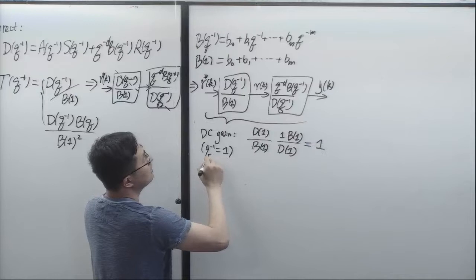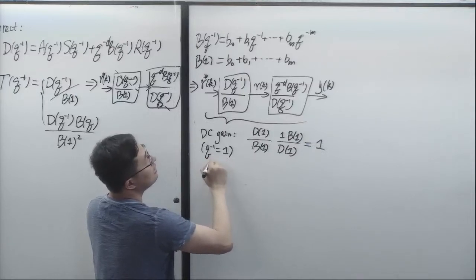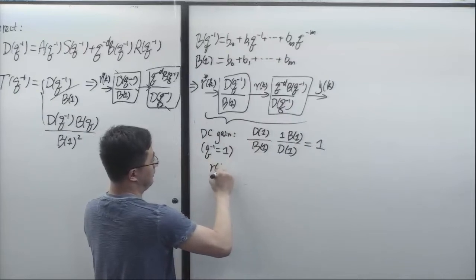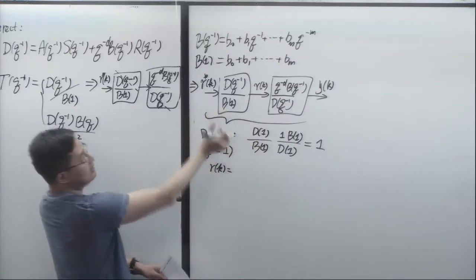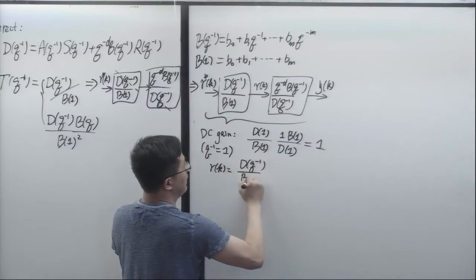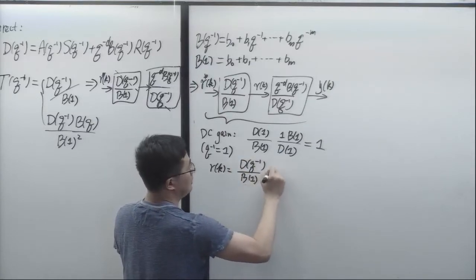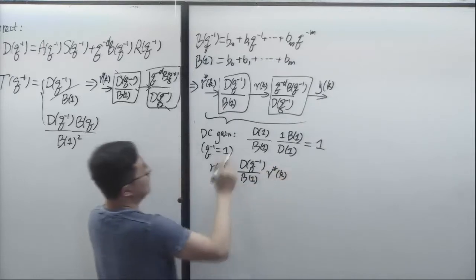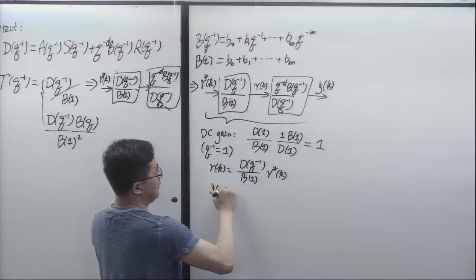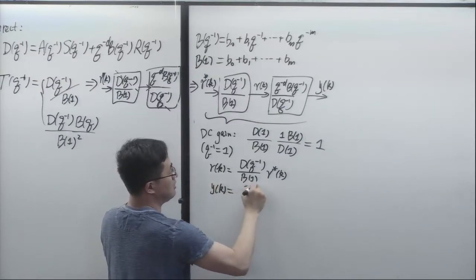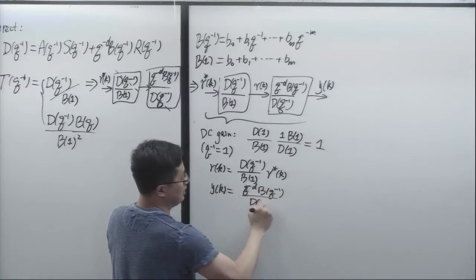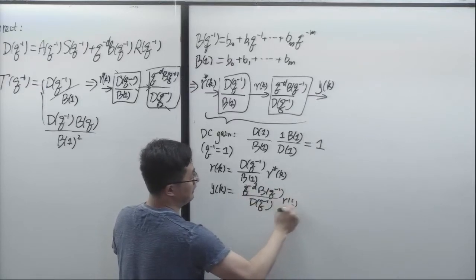So the design, if we write it in a slightly different language as we have done before, is RK. So let's focus on the RK signal. RK, on the left-hand side, equals DQ inverse B1 R star K. And then from the right-hand side, we have YK is Q negative D BQ inverse DQ and RK.